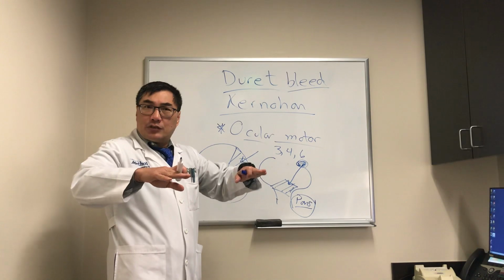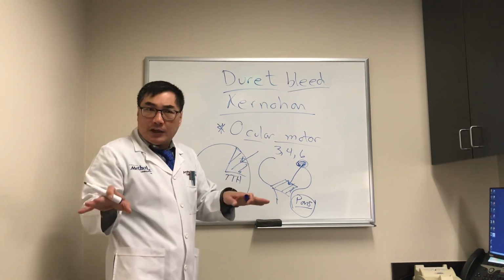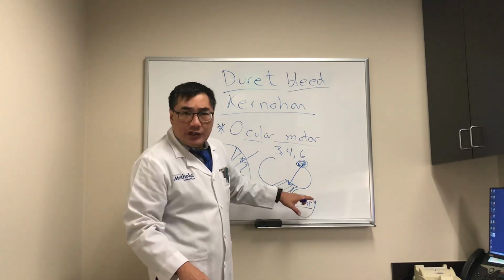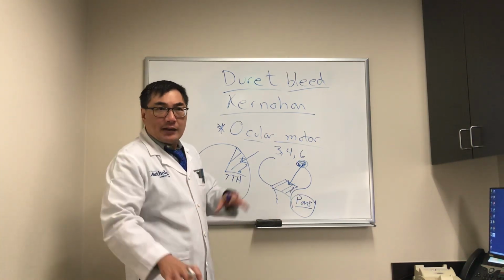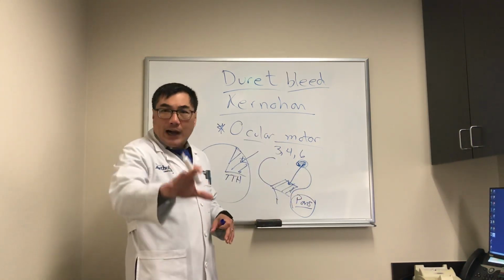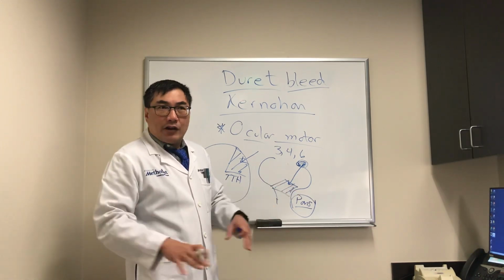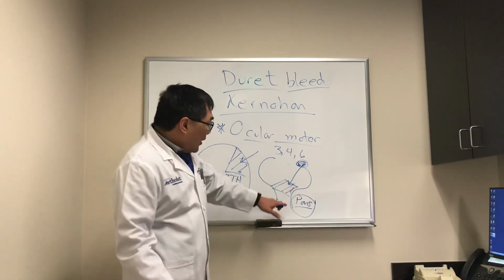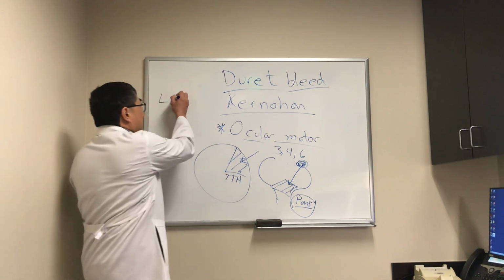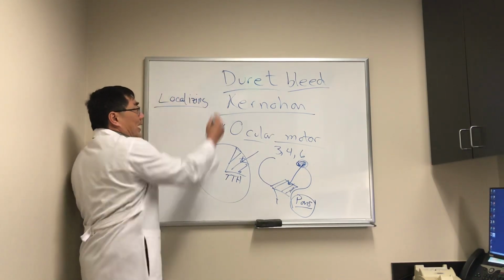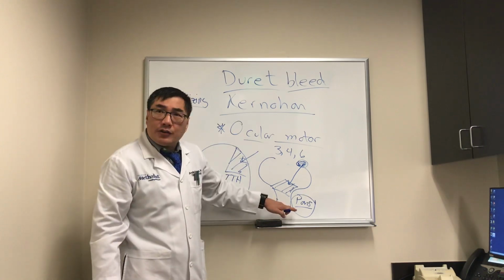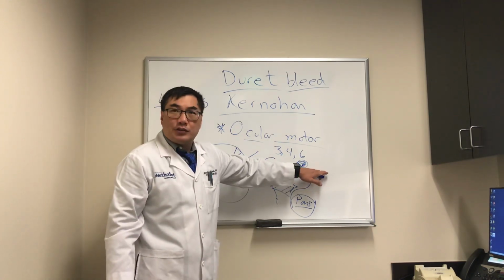Internuclear ophthalmoplegia would be an adduction deficit rather than abduction deficit, or any combination of those things. Horizontal gaze palsy, which have different names, and you can watch the videos for that. 1.5 syndrome, Webino, the wall-eyed bilateral INO, or unilateral INO. So those are localizing signs, because the Duret hemorrhage is an infratentorial hemorrhage, even though the problem was supratentorial.